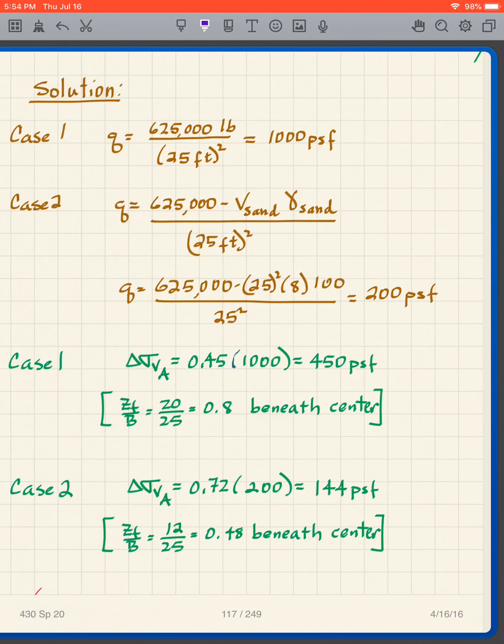Okay. Now, we have to calculate our Q. So here's my solution. I have to calculate out the Q. Well, case one is no basement, so the Q is very simple to find. It's just the weight of the structure divided by the area of the footprint.